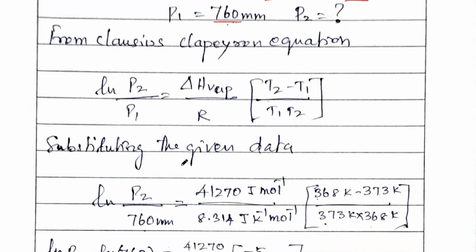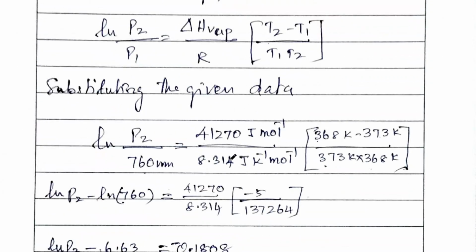Substitute the given values in this equation. We get this. ln P2 is what we are going to find out. P1 is already given, that is 760 mm, and I have put it here. Delta H vaporization we know is 41,270 joule per mole, and the gas constant R is 8.314 joule per Kelvin per mole.